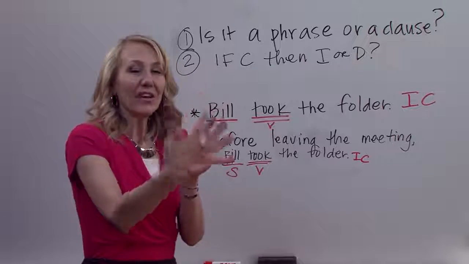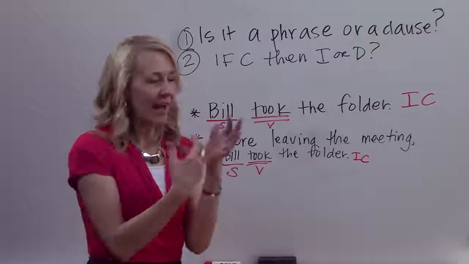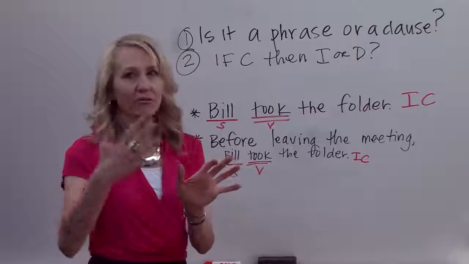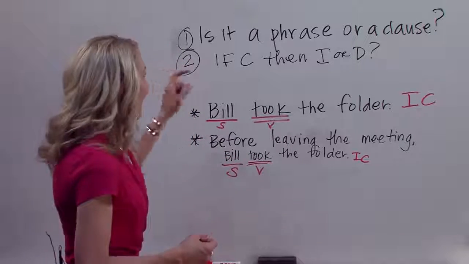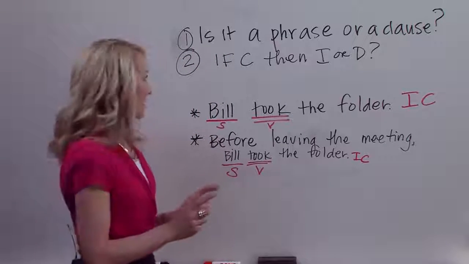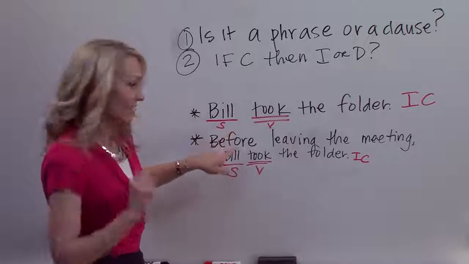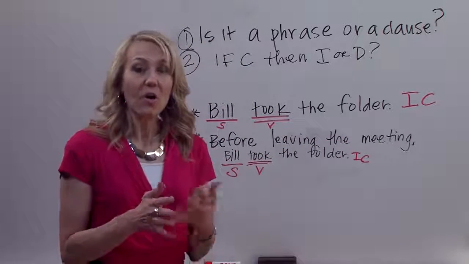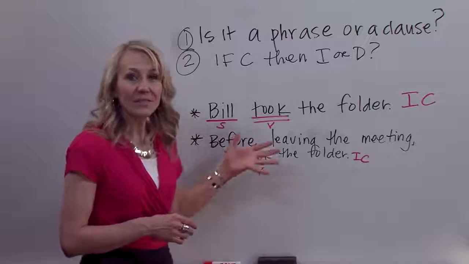Remember, when I'm analyzing my sentences to figure out if I have a whole and complete sentence and then how to punctuate it, make it agree, and map it out, I need to first ask, is this word group a phrase or a clause? So I'm going to ask myself that about before leaving the meeting. Is it a phrase or a clause? Well, we have no subject.